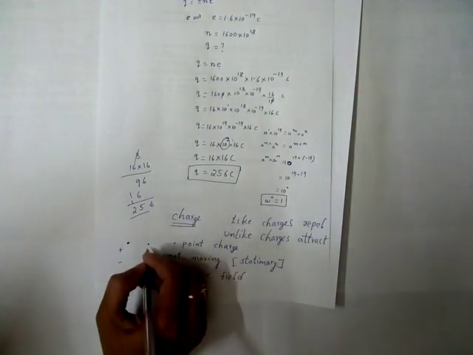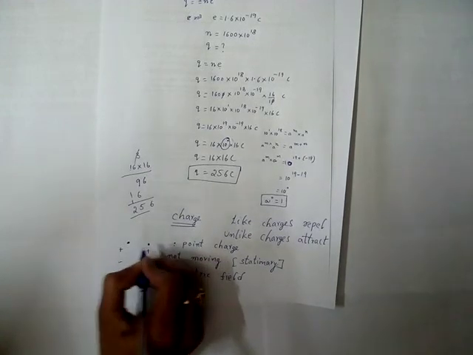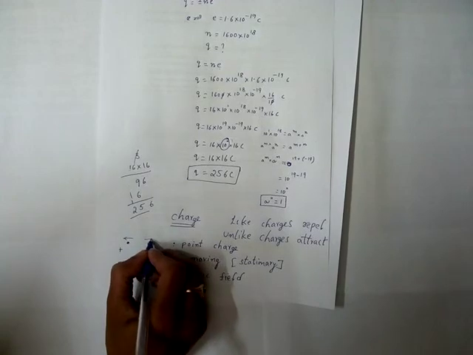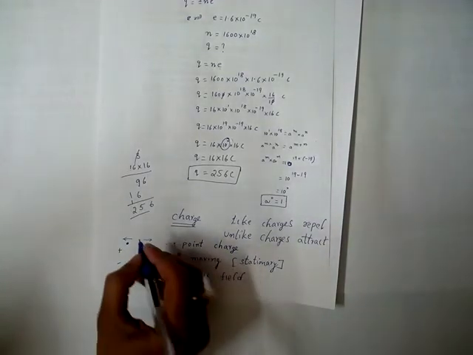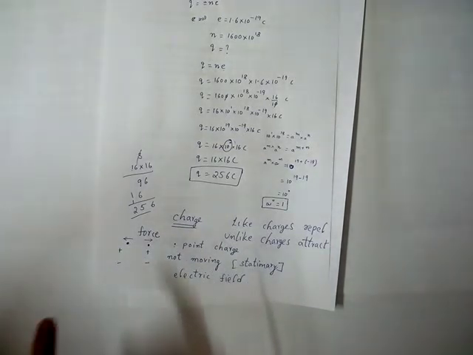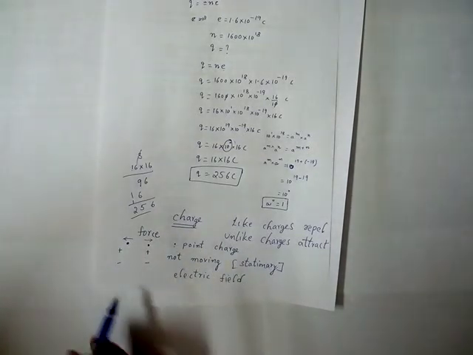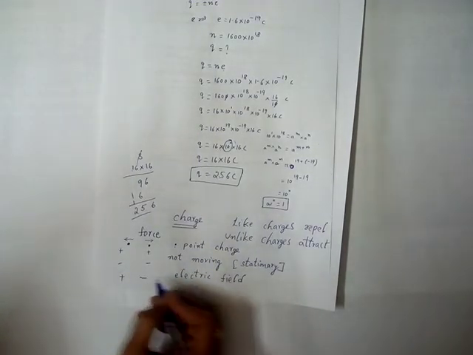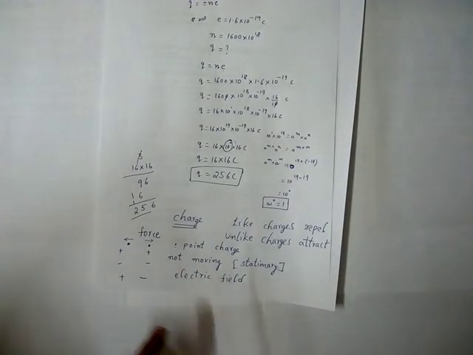Due to this, the charge will move away. In the same way, due to this, the charge will move away. There is a force developed between those two charges. In the same way, minus minus also. If you have one plus and one minus, those two will get attracted towards each other.